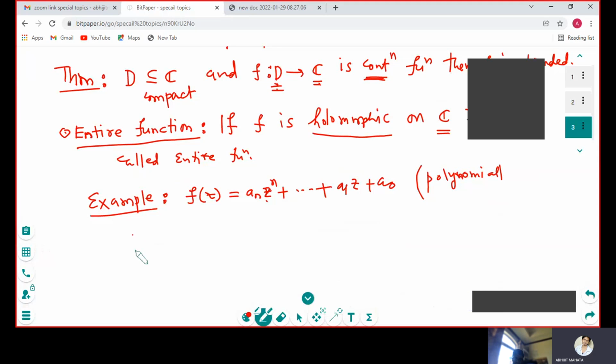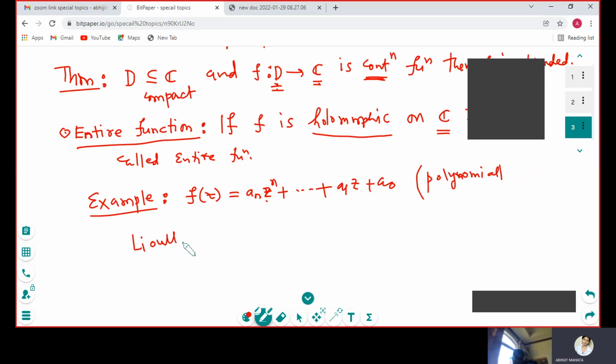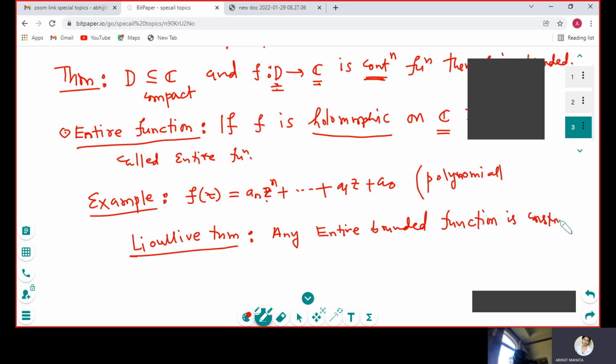It states that any entire bounded function is constant.